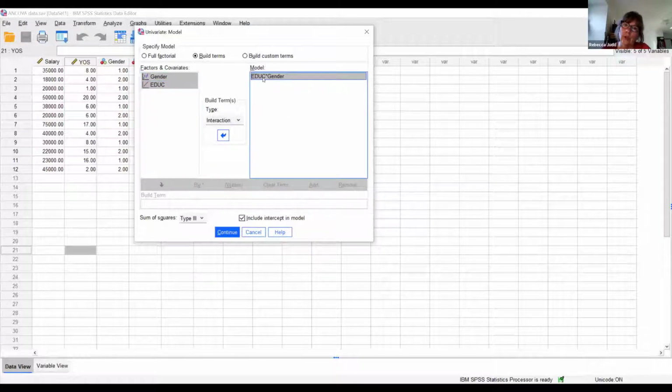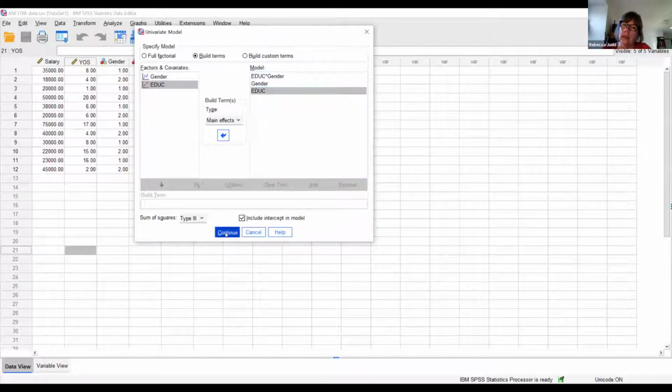So you've got education times gender as your interaction. Then we're going to say main effects, and we're going to move each one over. So your model should look like education, gender, and gender times education. We're going to say continue.